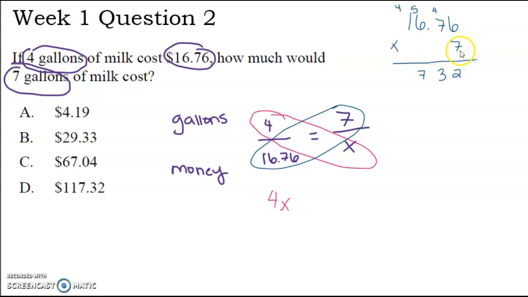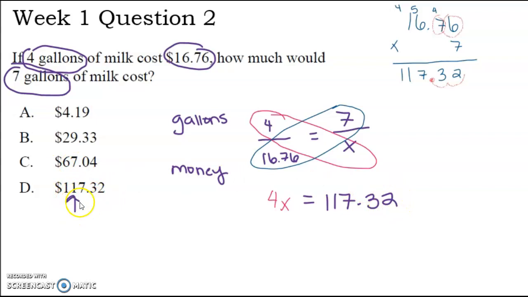And then 7 times 1 is 7, plus 4 more is 11. Now we use our cute little decimals: I know there are 2 numbers behind the decimal, so I move the decimal 2 places. So 4x equals 117.32.